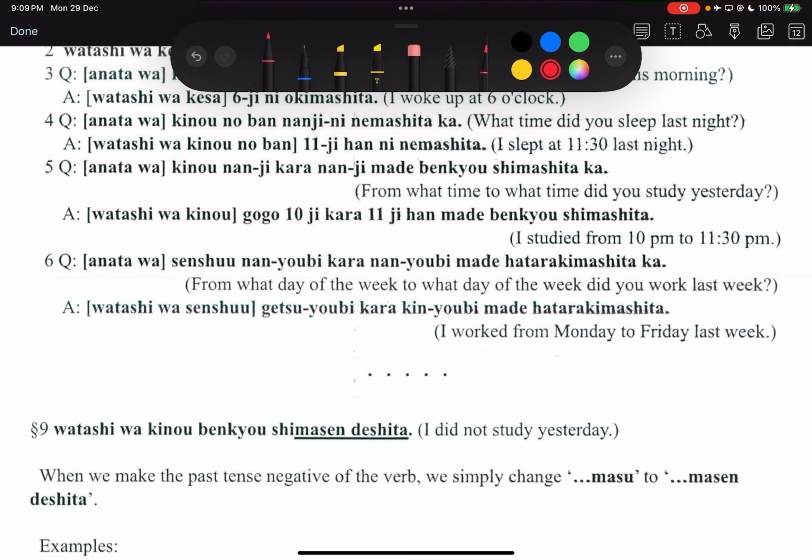Number 6. 先週は何曜日 sorry, 先週 means last week, right? So last week 何曜日から何曜日まで働きますか? So from what day of the week until what day of the week do you work? Oh sorry, 働きますか means do you work? Then if we change the question to 働きましたか, it means did you work? Right, past tense. Did you work?